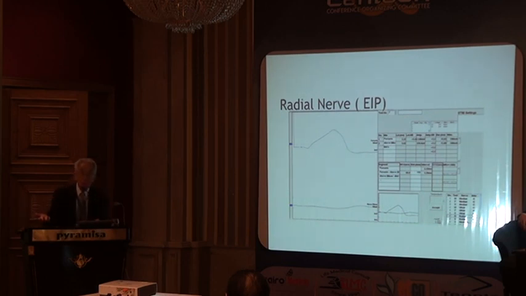What is the reason that the patient was sent to you for electrodiagnosis? Prognosis. Yes. Referring physician would like to know, is this going to be all right or not? Which you cannot tell clinically.